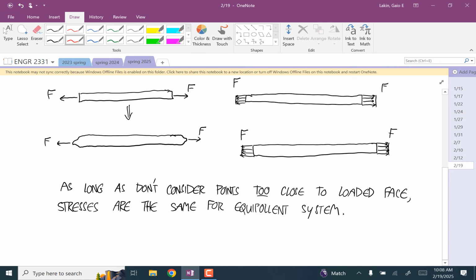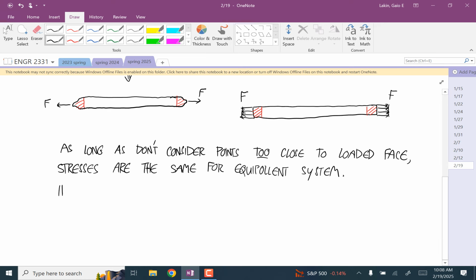So basically, we're not going to trust anything that happens here or here, but for the rest of it, those answers are perfectly valid. How close is too close?